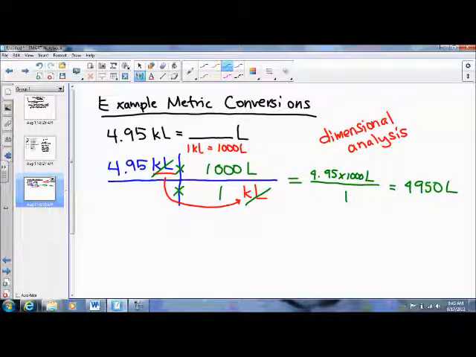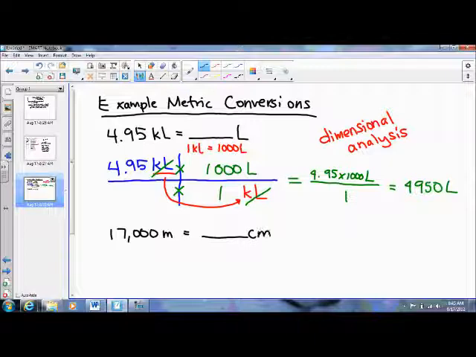Okay, let's try another problem. 17,000 meters. We want to convert that into the equivalent number of centimeters.